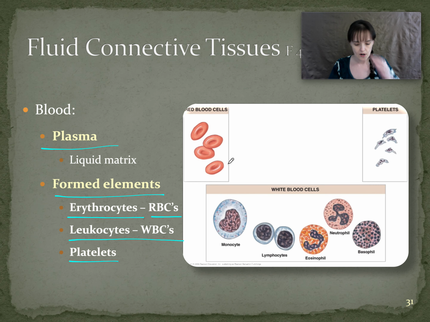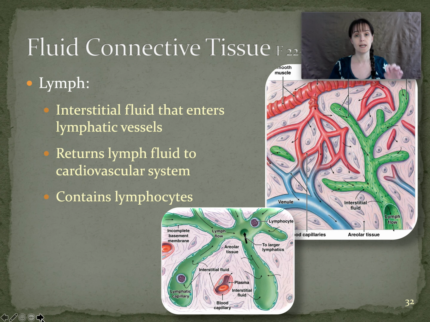So there are three different types of liquid in the body. There's the plasma of blood, and that's found in the blood vessels. There are arteries and veins. There is the lymph in the lymph vessels, and then the interstitial fluid or extracellular fluid in between the cells.